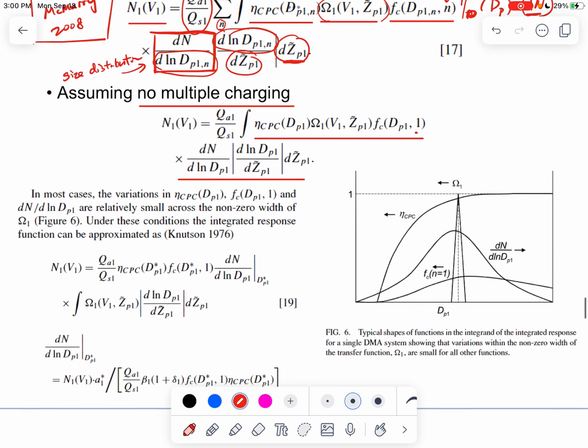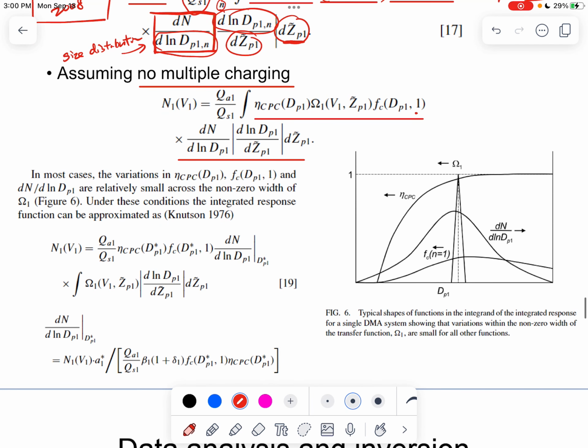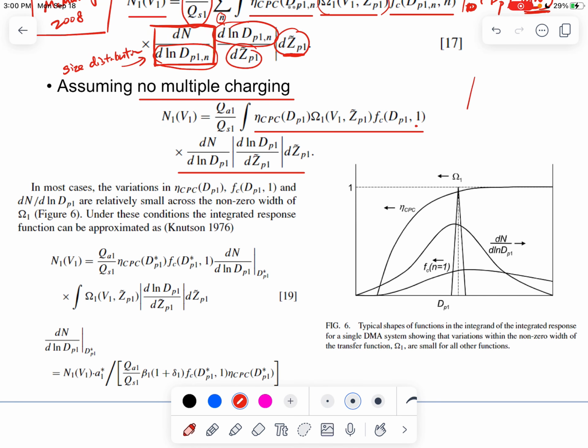Okay. And further, what this inversion method assumes is that the transfer function is a relatively narrow triangle. And if you look at the CPC detection efficiency, the charging efficiency, or the particle size distribution, they're all relatively constant in this narrow range of the transfer function.